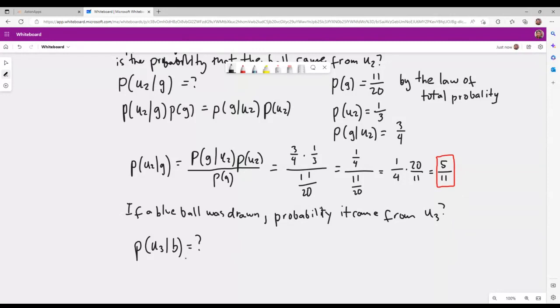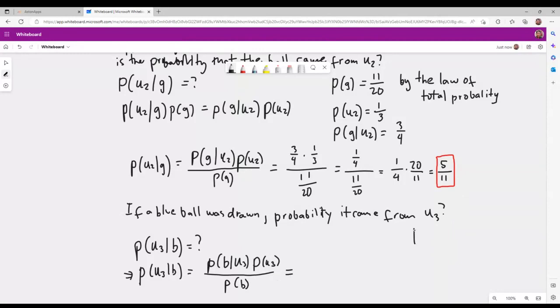And so again, using the same setup as before, we will have the probability of the event U3 given the event B is equal to the probability of drawing a blue ball from the third urn times the probability of urn 3 all over the probability of drawing a blue ball.